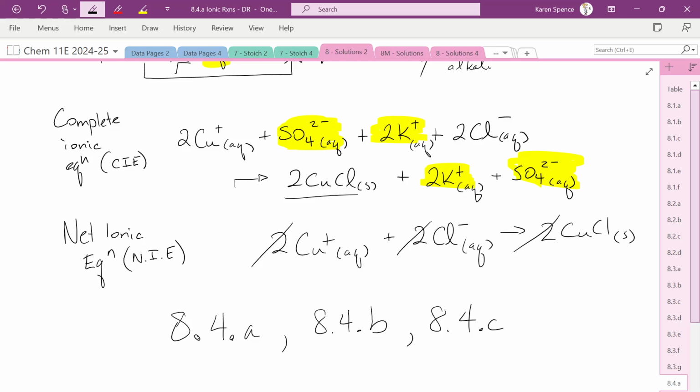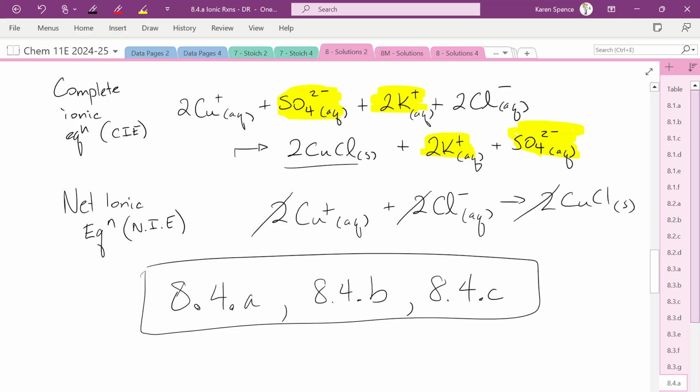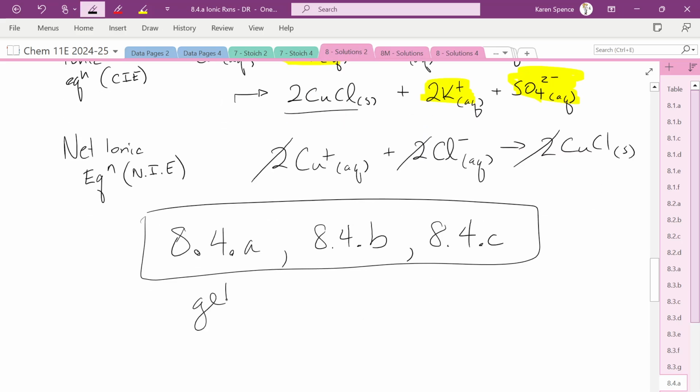We can save the big bad problem for Monday if you want to. Do you want to save the big bad problem for Monday? The biggest, baddest? Okay, so basically do this, get caught up on dilutions, and save the biggest, baddest for Monday.